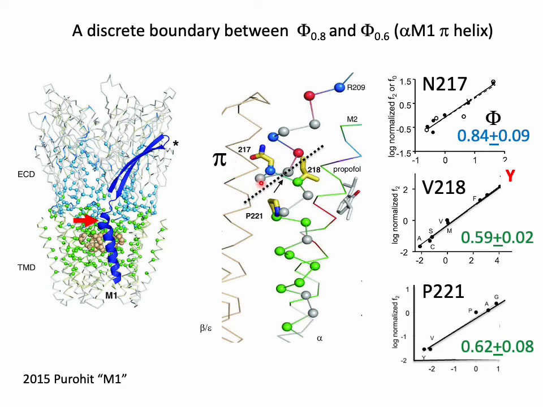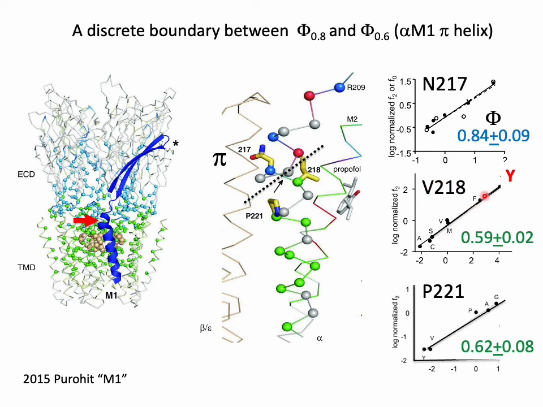And it turns out that there's a very discrete boundary between residues, that a residue here, 217, which has a phi value of 0.84, and the next residue, 218, has a phi value of 0.6. So this is a member of the blue group, and this is clearly a member of the green group, and it happens very discretely somewhere at this region in the pi helix.